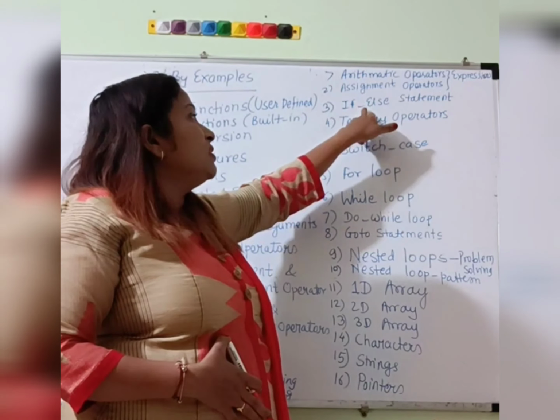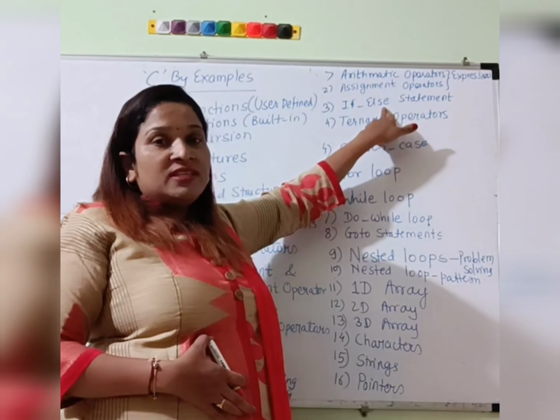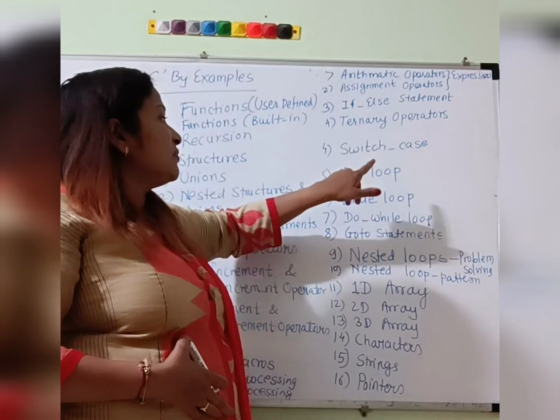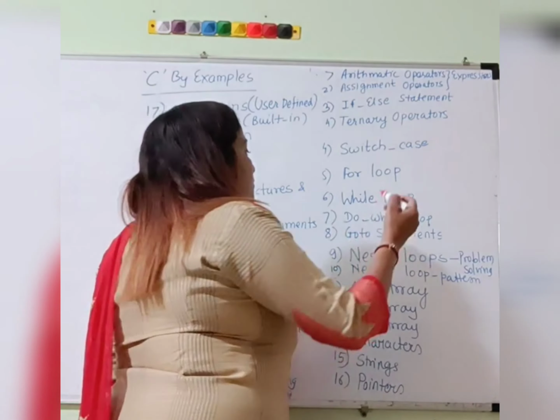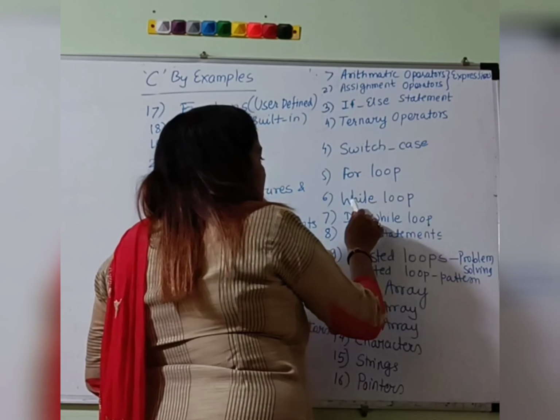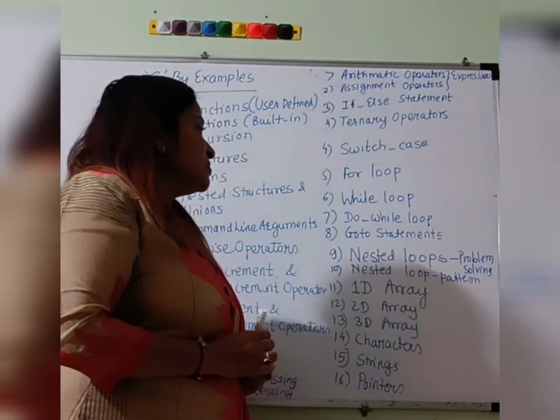After that, we are going to learn decision making statements using if-else statements and switch case statements. After that, we are going to see simple loops: the for loop, while loop and do-while loop.